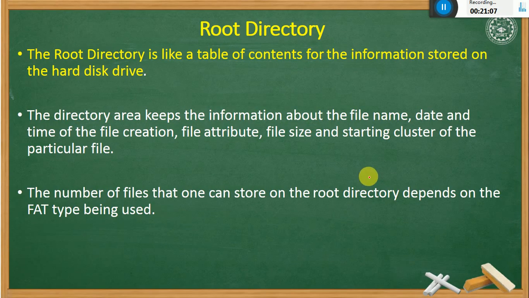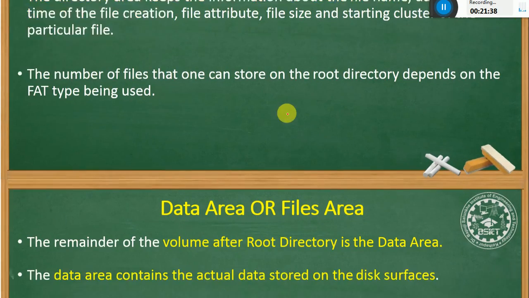A root directory is like a table of contents which stores the information about the hard disk drive. Generally it has information about a file name, date and time when that file is created, attribute of file, file size, and on which cluster that file is created. So general information of what file is stored is in the root directory.